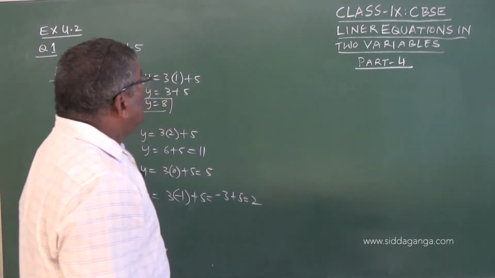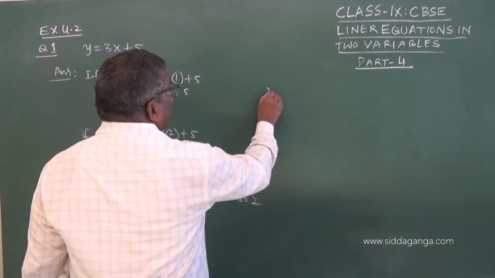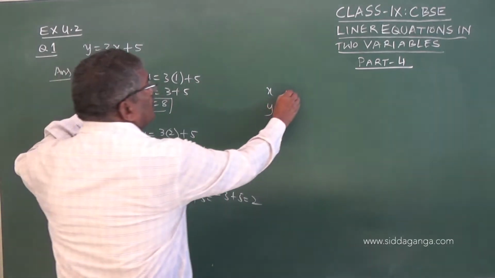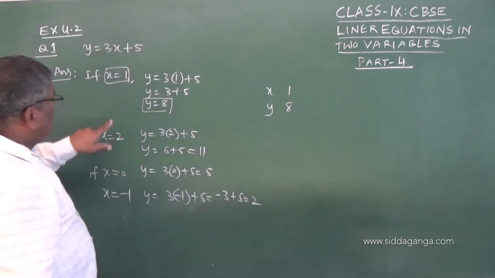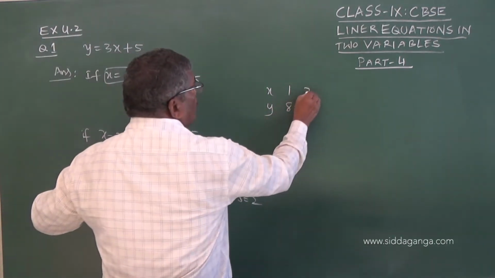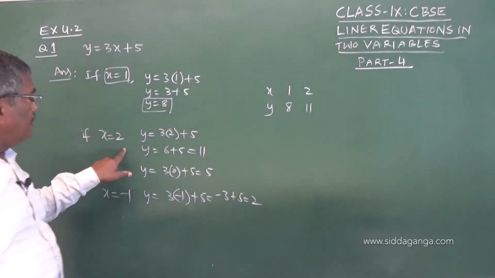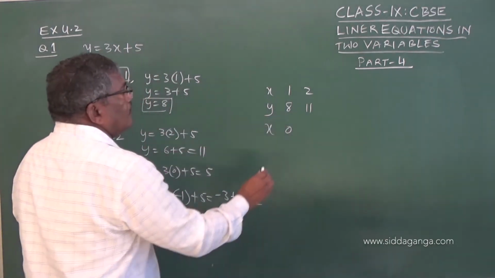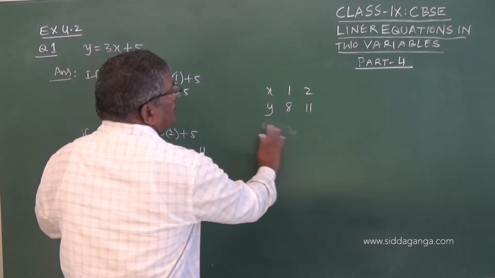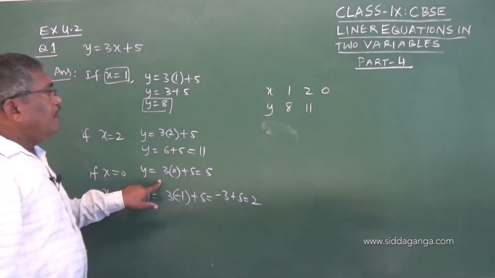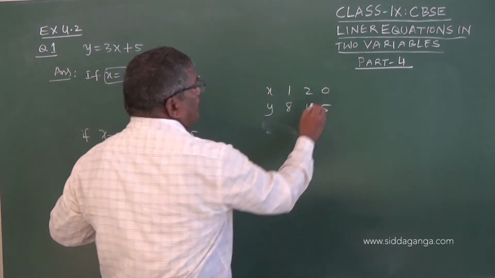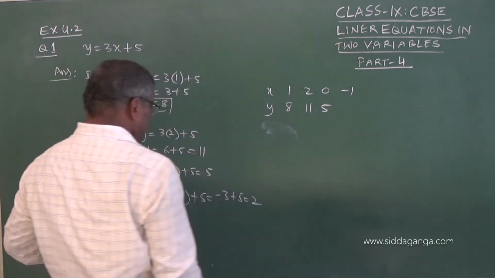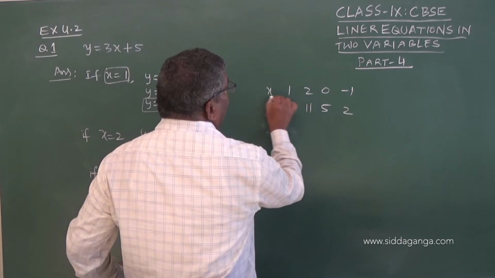So therefore, the solutions we found out are x, y. When x is 1, we got 8. When x is 2, we got y value 11. When x is 0, we got y 5. And when x is minus 1, we got y equal to 2.